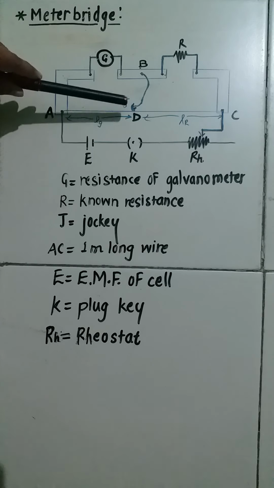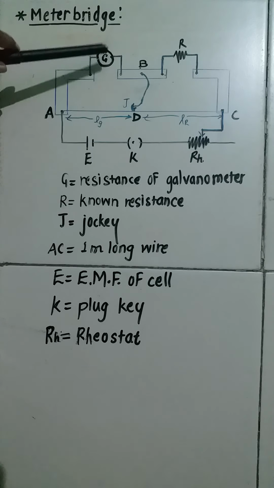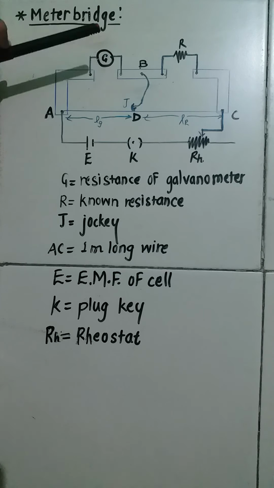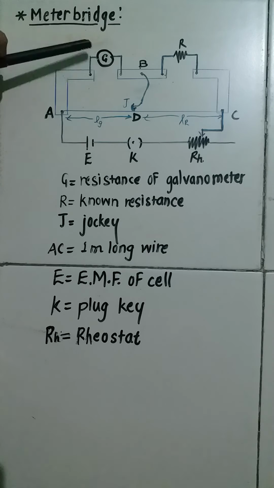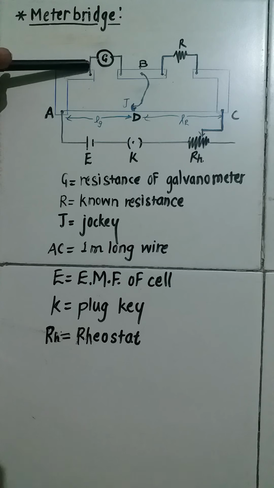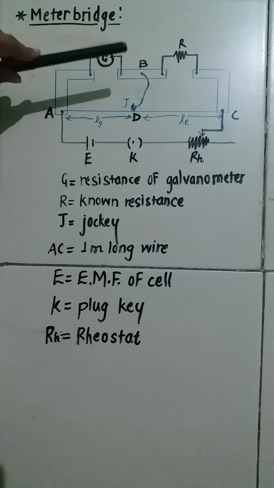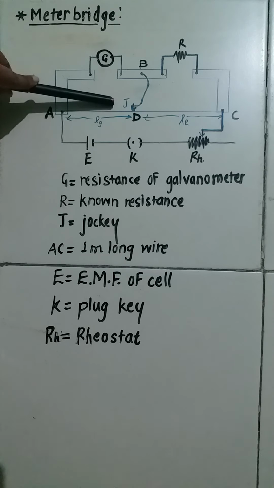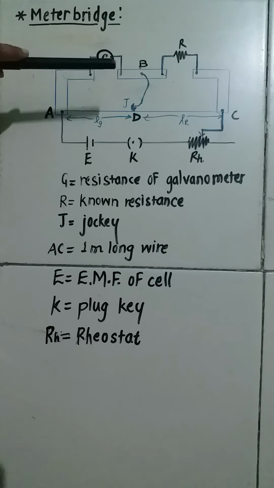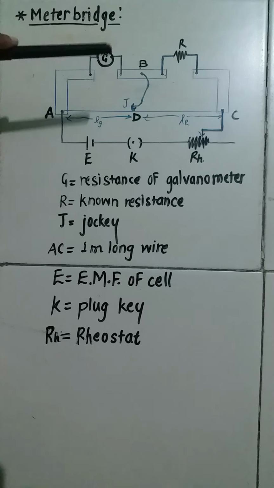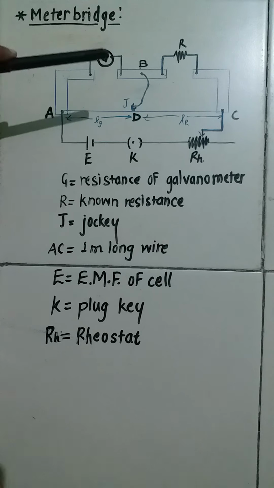Why? Because see here, this galvanometer shows the same deflection, and because of that this method is called equal deflection method. Here the galvanometer shows the same deflection in both cases, when the jockey is in contact with the wire or even when the jockey is not in contact with the wire. So remember this is Kelvin's method, which is the equal deflection method.